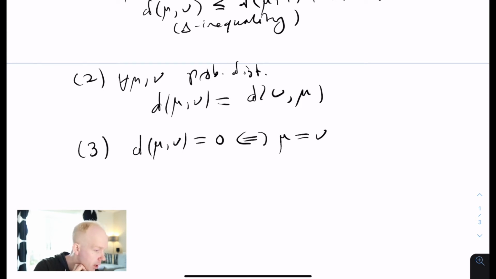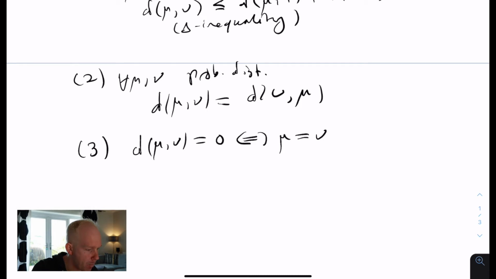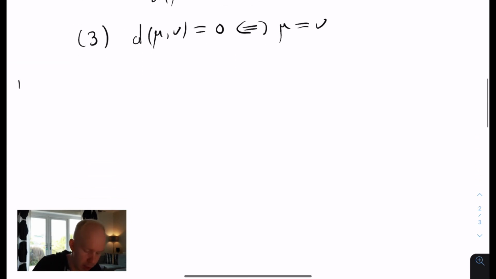What I would like to talk about is a little bit about examples of where this is computed. I could compute some very simple example.